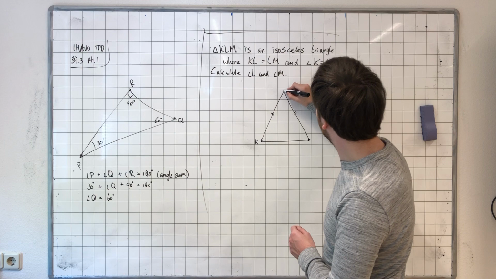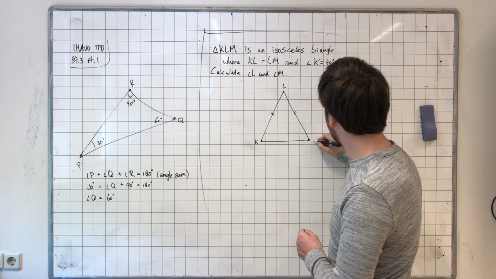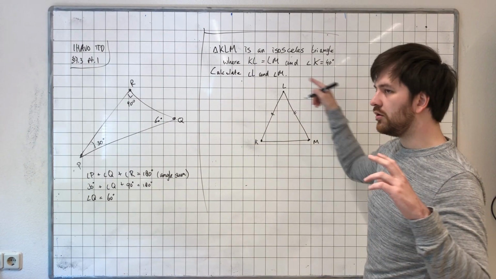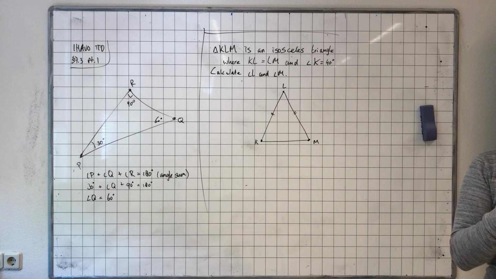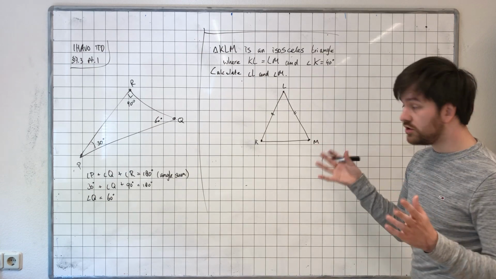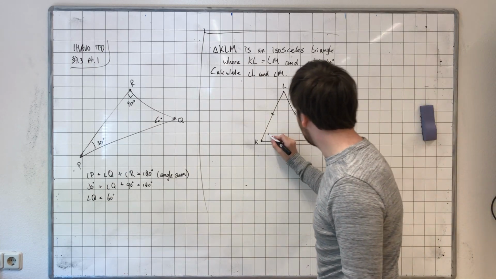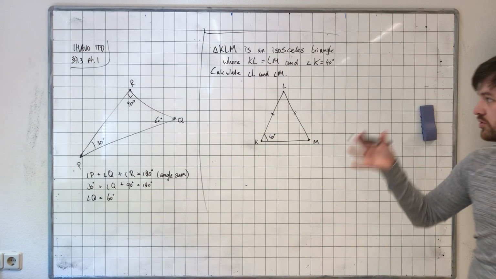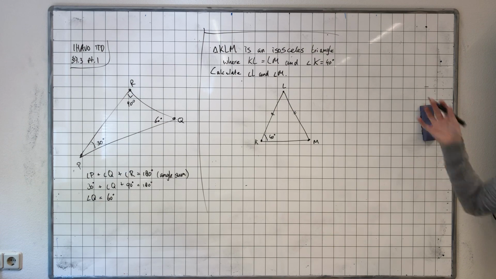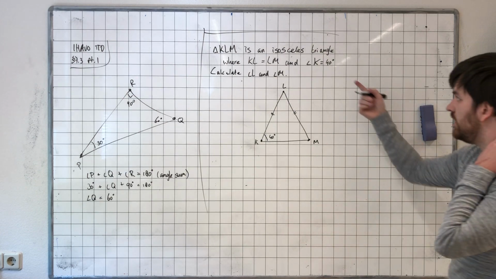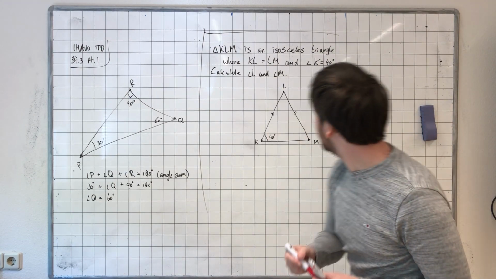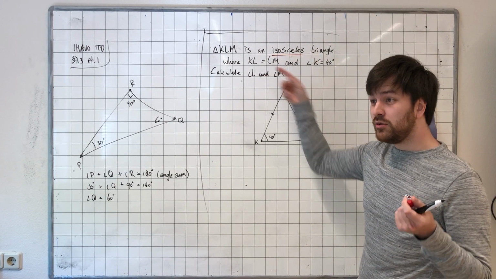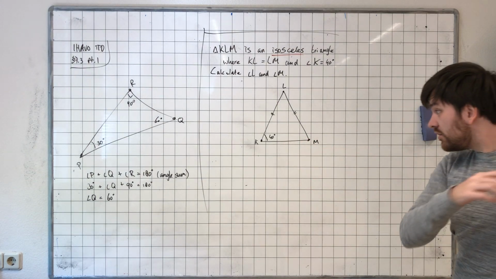Now I have to think. KL and LM should be equal. So in our sketch, usually I tell you to use the names counterclockwise. In this case, I didn't. When you're making a sketch, that's not important. The sketch is just supposed to help you. And I know that this angle over here is 40 degrees. So how am I supposed to calculate L and M if I don't know the other angles? Well, remember, in an isosceles triangle, that's the key to our problem, we have two lines that are equal, but also two angles that are equal.